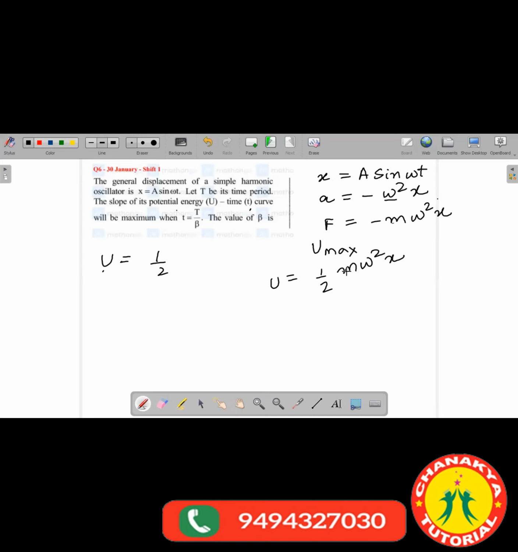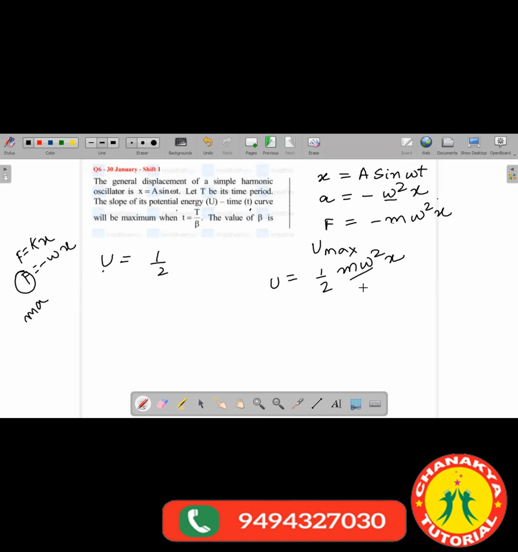If you get the value of k, you can correlate here: if you have F equals minus kx, and you also have F equals minus omega squared x, and put the value of F as ma, from this you can find out the value of k, and the value of k would be equal to m omega squared.